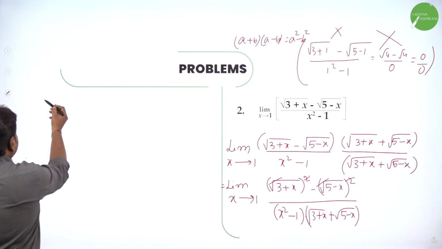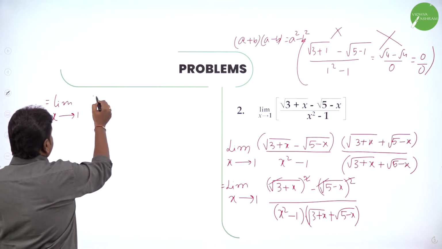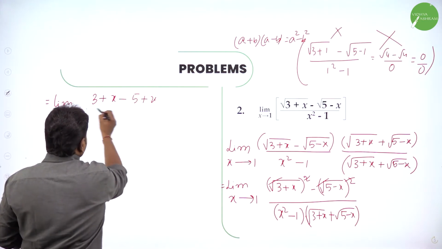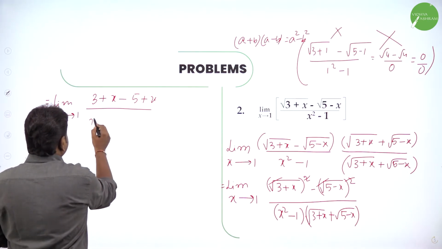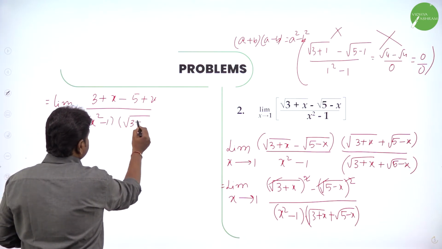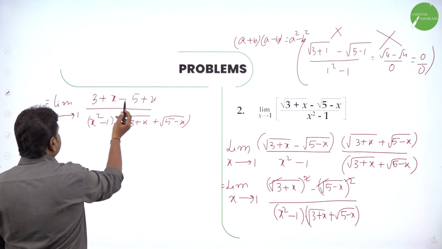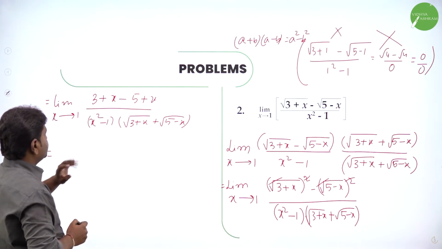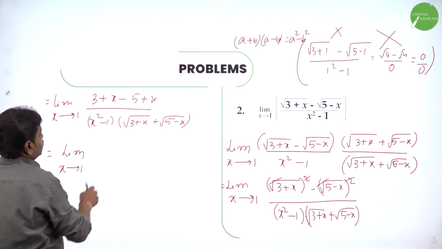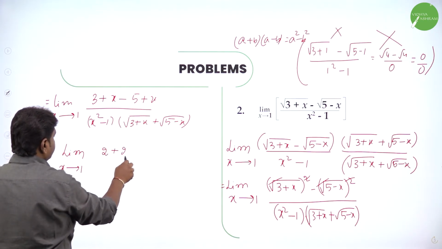Simplify the numerator. That is limit x tends to 1, 3 plus x minus 5 plus x, divided by denominator x square minus 1 into root of 3 plus x plus root of 5 minus x. Now here 3 minus 5, all of you know, it will become 2, and x plus x becomes 2x.